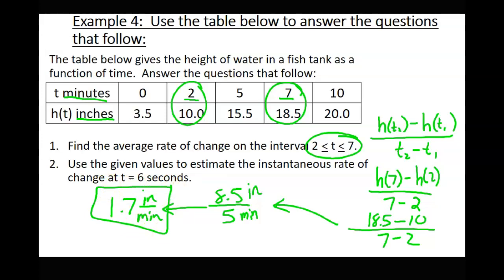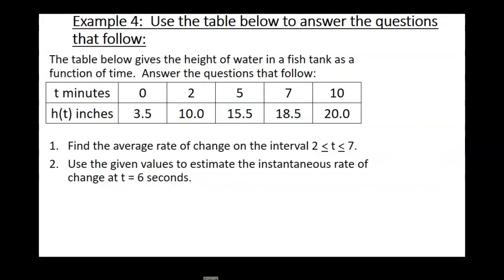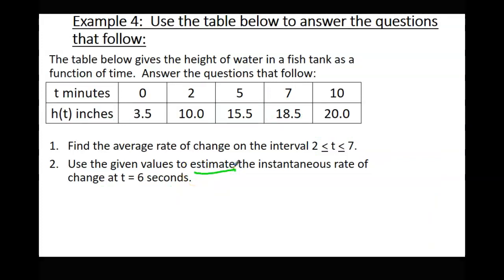Now, let's take a look at number 2. Use the given values to estimate, that's a key word there, estimate the instantaneous rate of change. So I don't want an average rate of change anymore. I want an instantaneous rate of change at t equals 6.